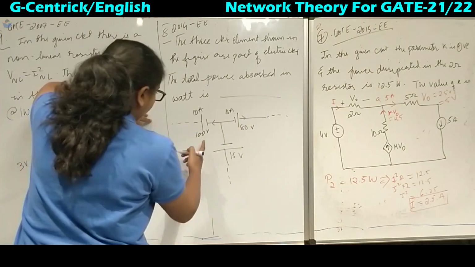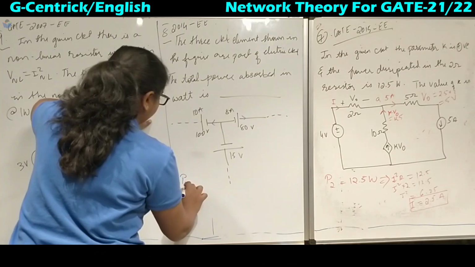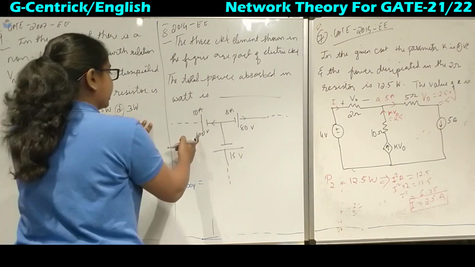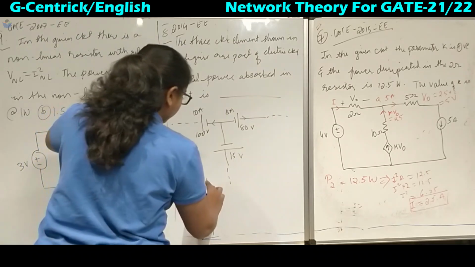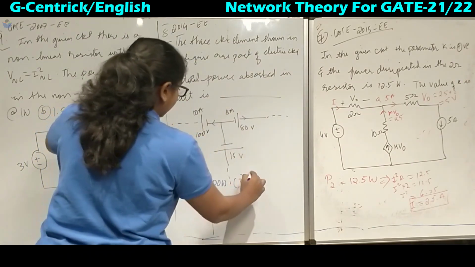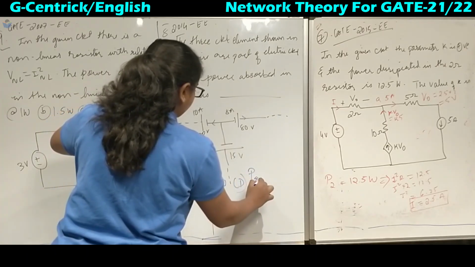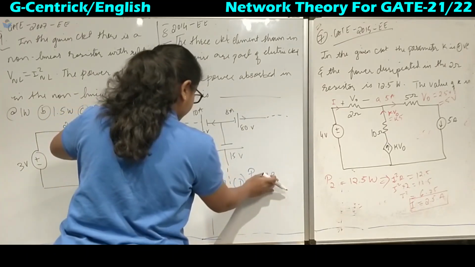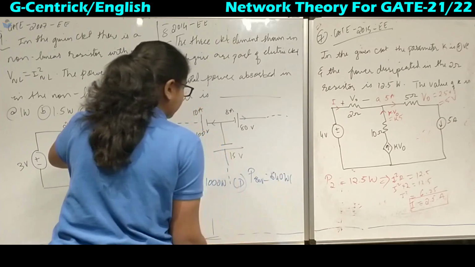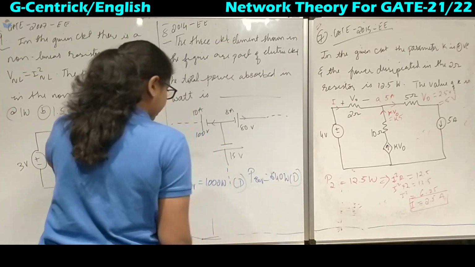Okay, so now power across 100 volt, the direction of both is same. So 100 into 10 is 1000 watts. This is delivered. Again power across 80 volt is 8 into 80, 640 watts. They are in the same direction, so it is again delivered.